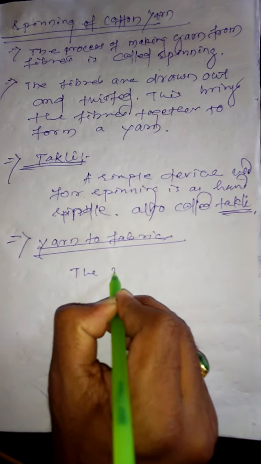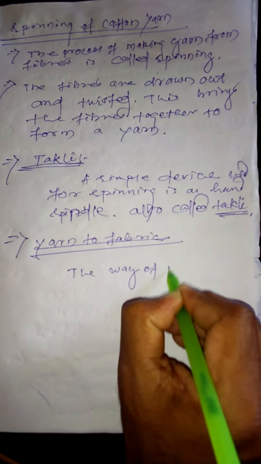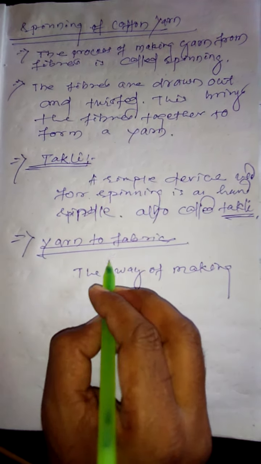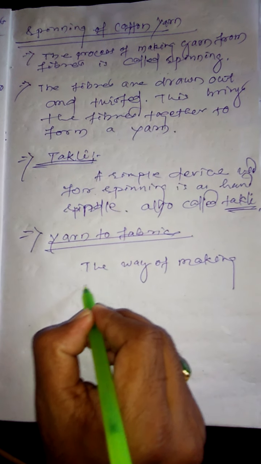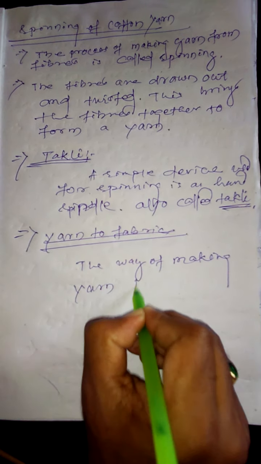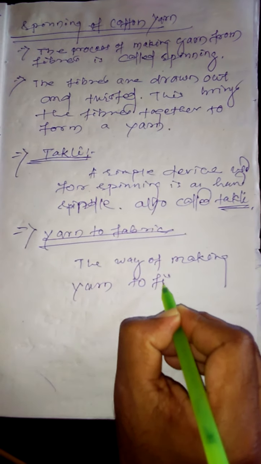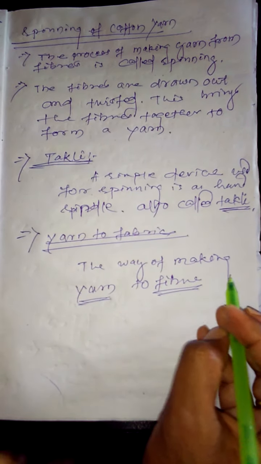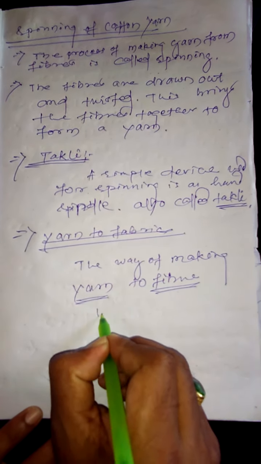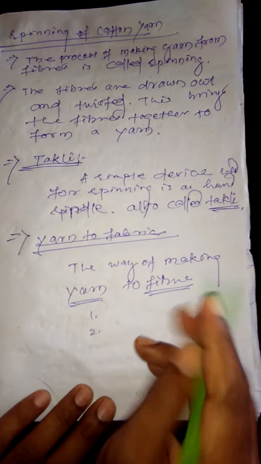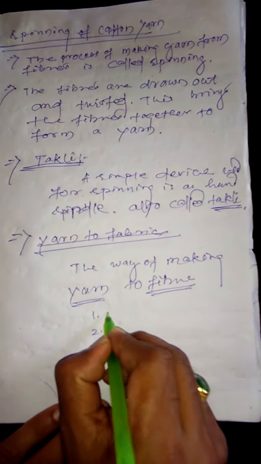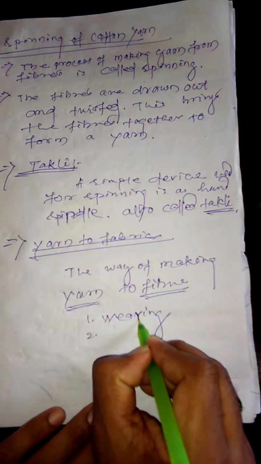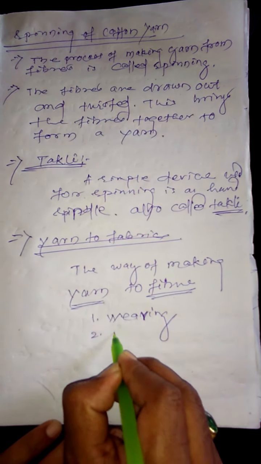So, the way of making fabric from yarn, or fibers to yarn, has various steps. Two main methods are there: weaving and knitting.